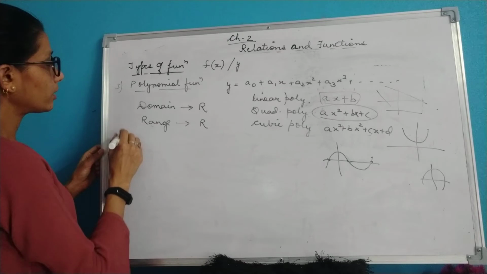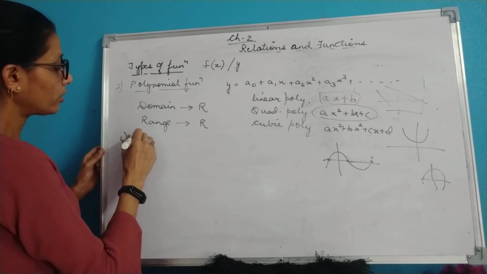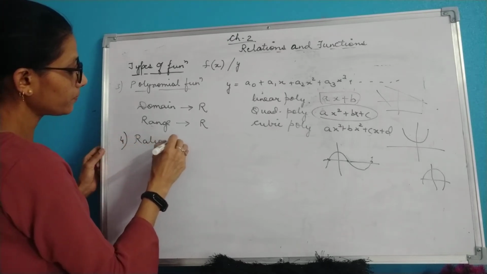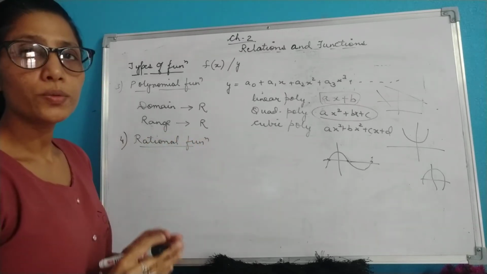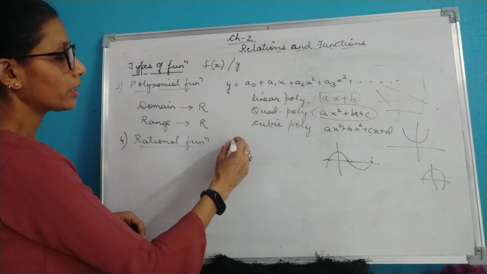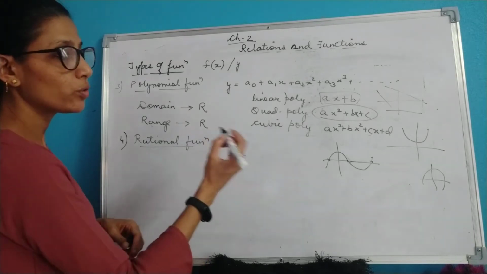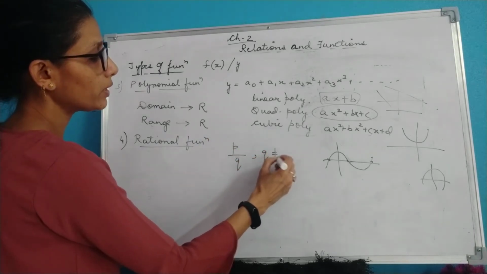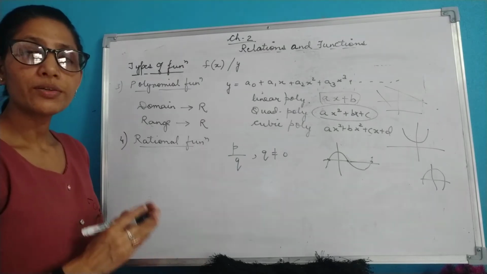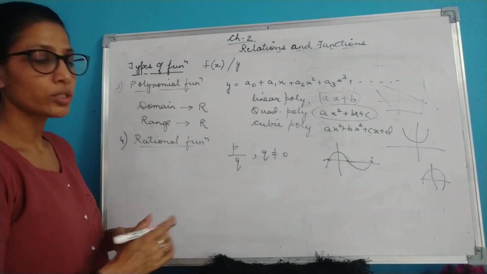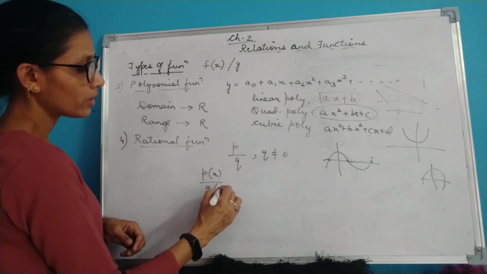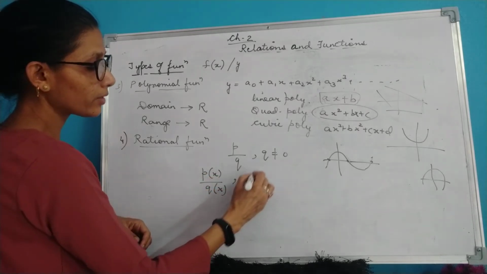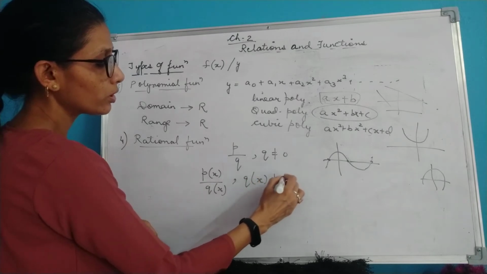Now let's take the fourth one, which is your rational function. Children, you have read in lower classes that rational numbers can be represented in p by q form, where q should not be equal to 0. But since we are reading it under the topic of functions, we will be writing it as px by qx, where qx should not be equal to 0.